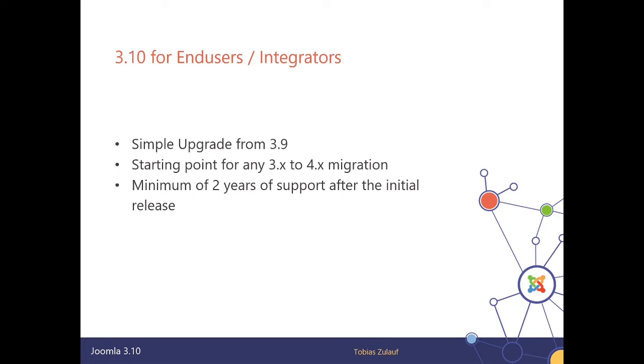All of the extensions and templates should still work. But it is, as mentioned earlier, the starting point for the 3.10 to 4 migration. So when you want to do that, then you are upgrading from 3.9 to 3.10 and then to 4.